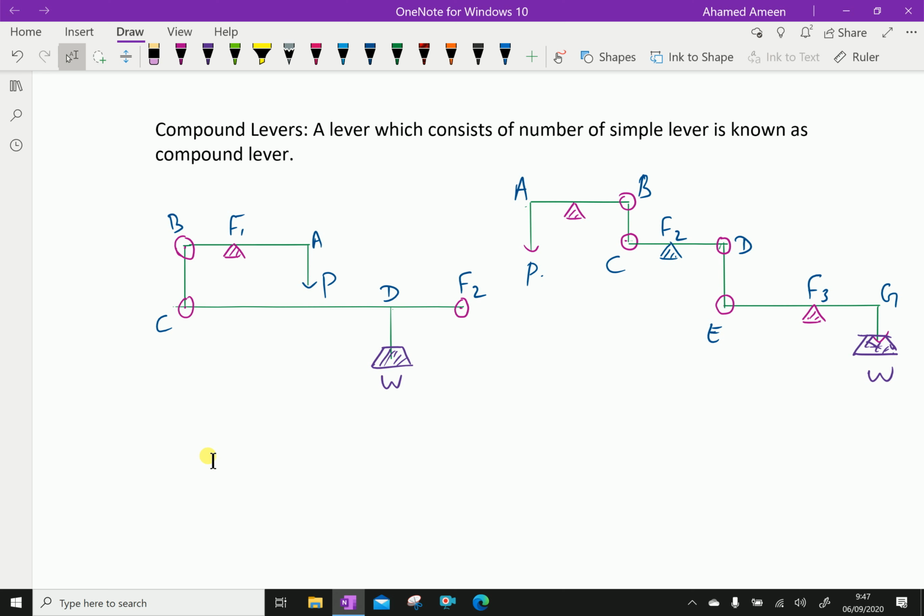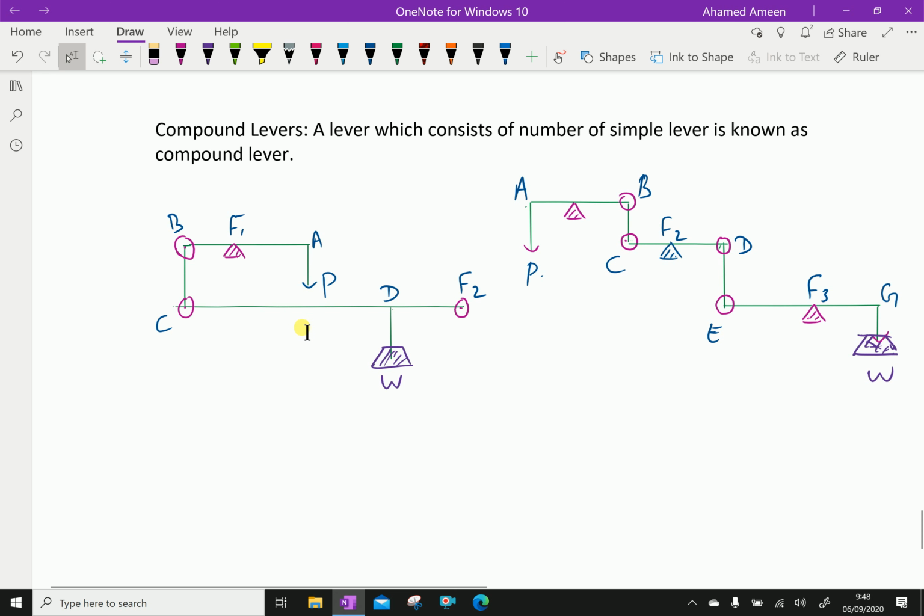Compound levers are mostly used in mechanisms. In a compound lever, the mechanical advantage or leverage is greater than that in a simple lever.